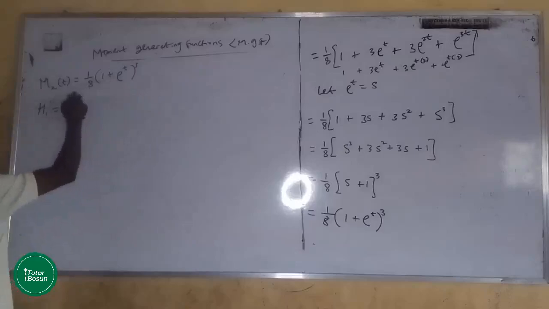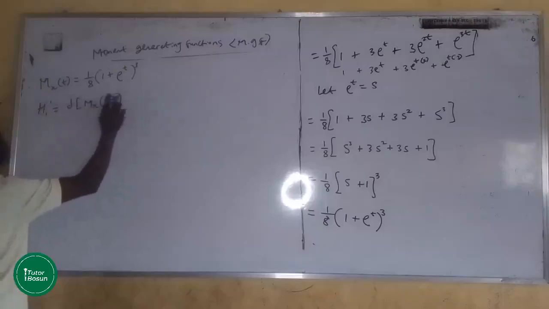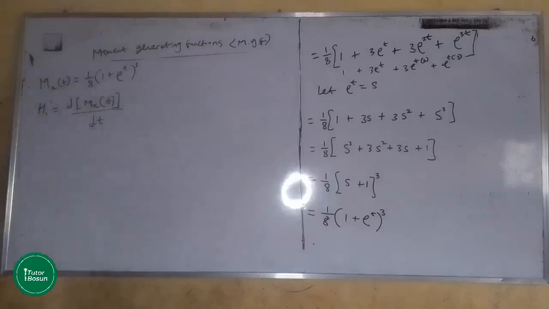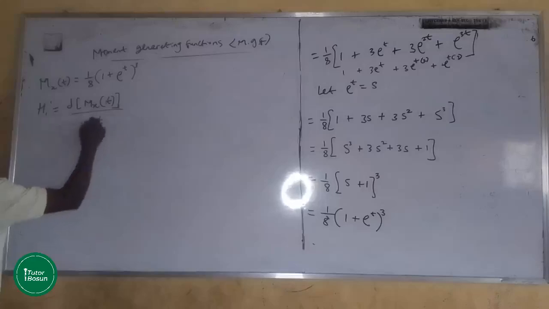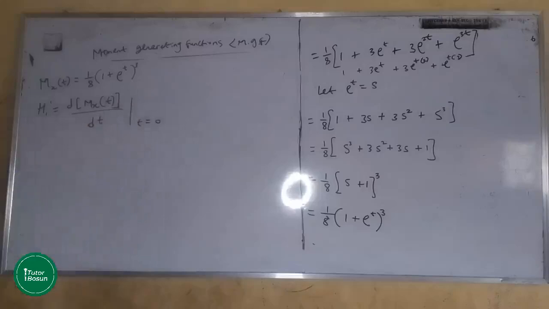The first derivative of m of t with respect to t, taking the limit of t to be 0.